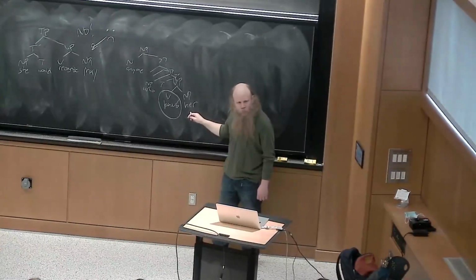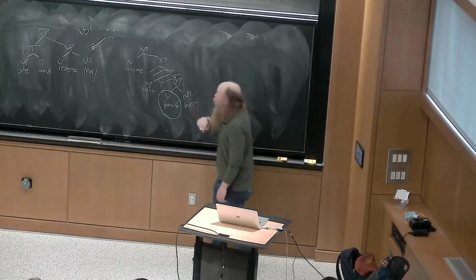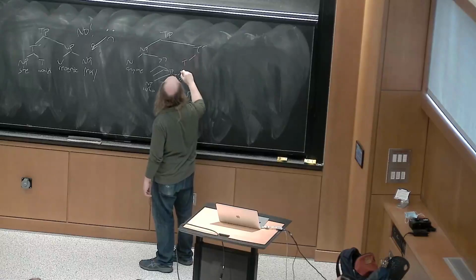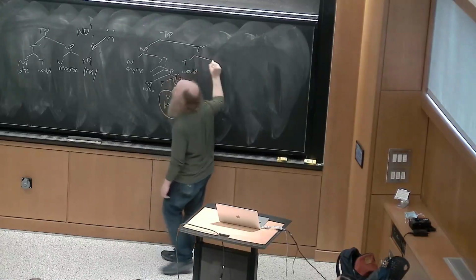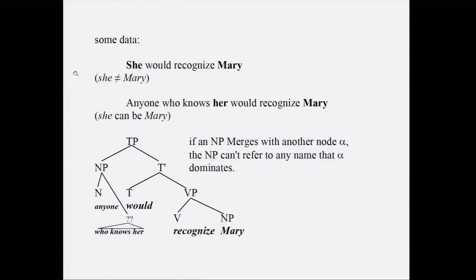That's what relative clauses are. They're a special kind of sentence that acts as a modifier for nouns. So you're right. Oh, and then this thing is becoming part of a larger TP. So now I'm just drawing what's on the slide with a little more detail.